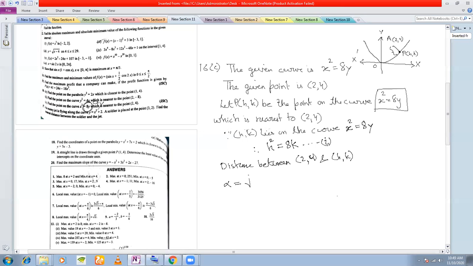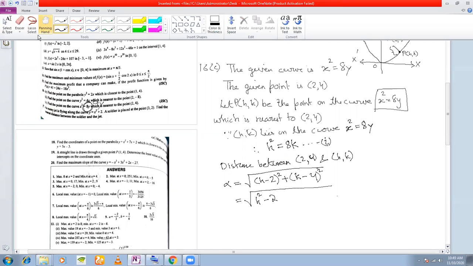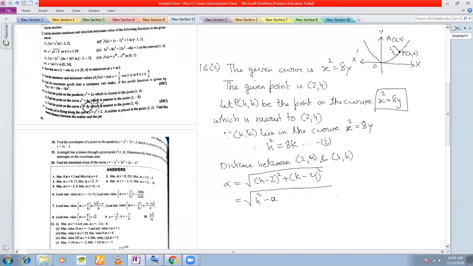Using the distance formula, alpha is root over of (h minus 2) whole square plus (k minus 4) whole square, which is root over of, expand, h square minus 4h plus 4 plus k square minus 8k plus 16.